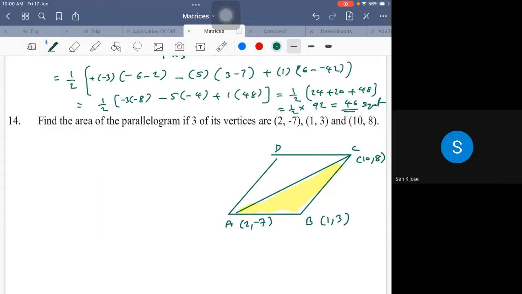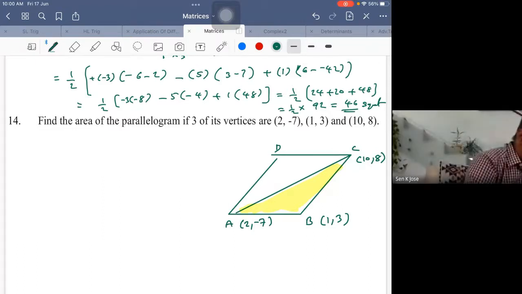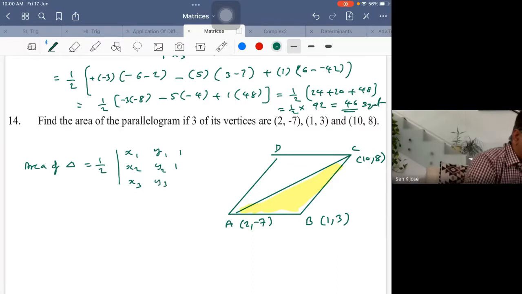So I'm going to find out the area of the triangle first. Area of triangle is half determinant x1, y1, 1, x2, y2, 1, and x3, y3, 1.